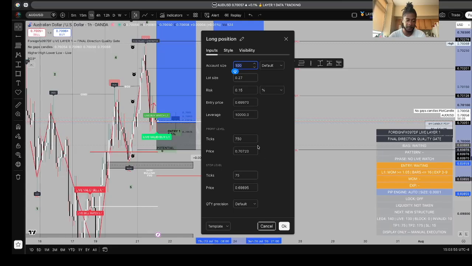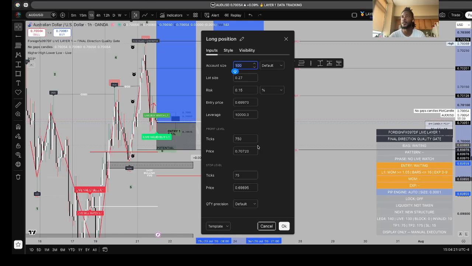So trade, I put buy limit, price. The price is 0.70720. No, that's the take profit. So the entry is 0.69970. 9970.